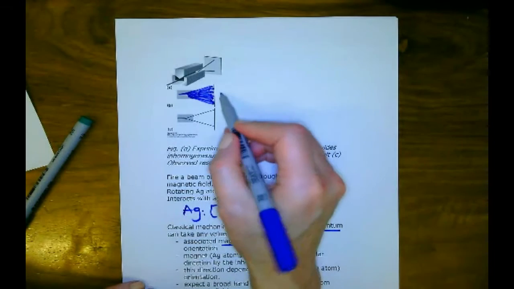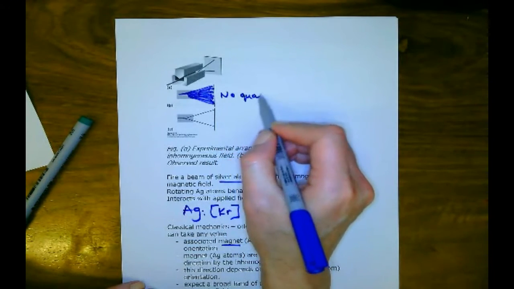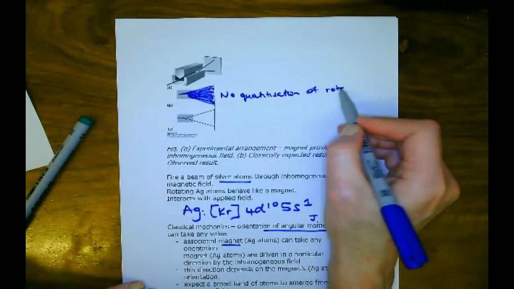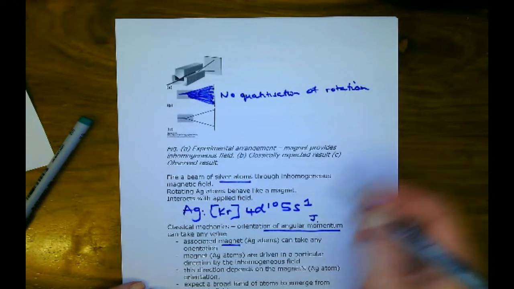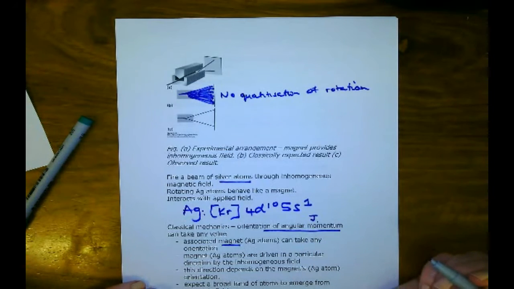So this is what we expect if there is no quantization of rotation, because there's no preference for a specific orientation of angular momentum of that electron.